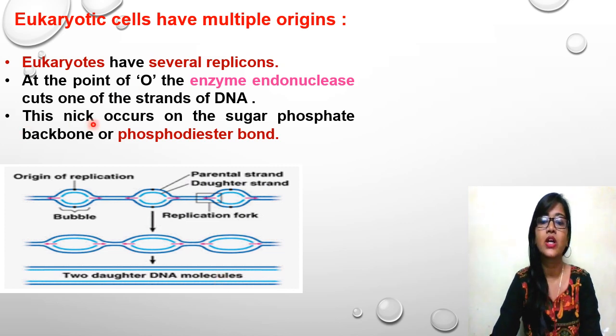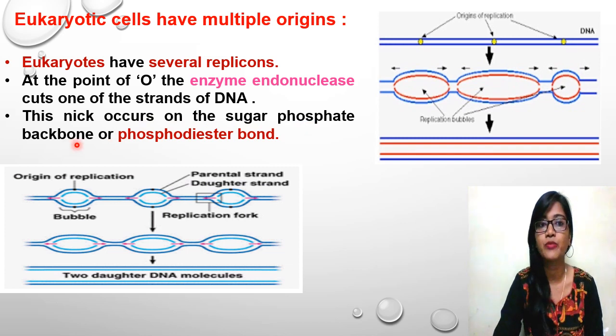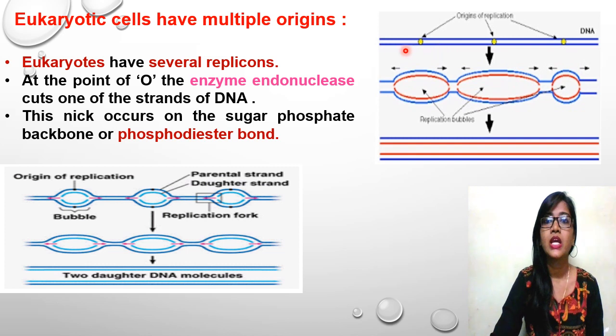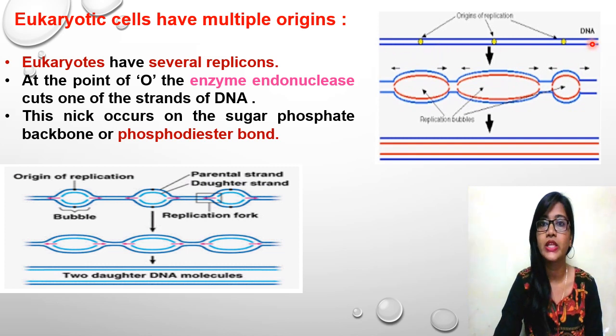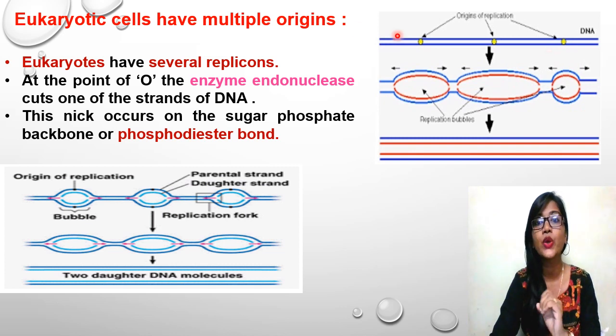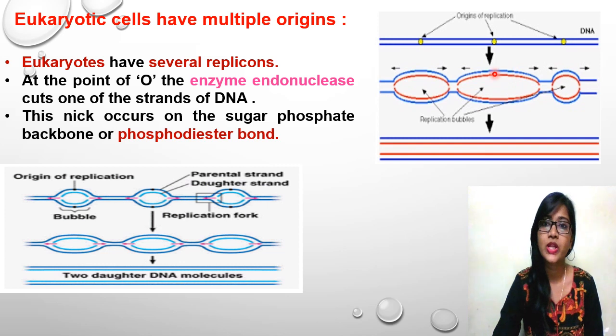So this nick or cut occurs on the sugar phosphate backbone, or phosphodiester bond. We have studied that. Now see, this is double-stranded DNA, and these 1, 2 and 3 yellow colored dots are the 3 replicons or 3 origins situated on the double-stranded DNA.